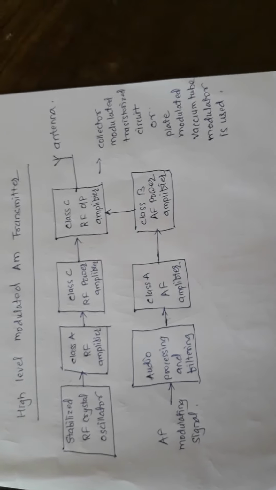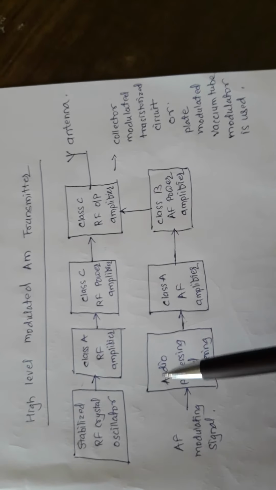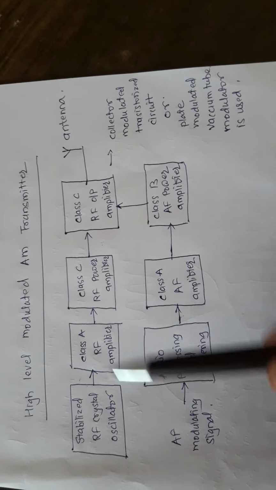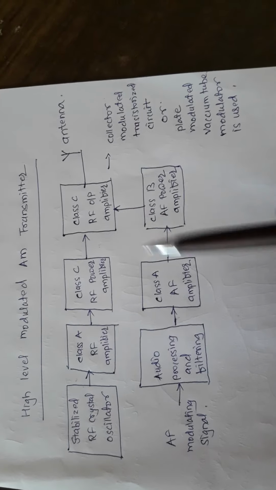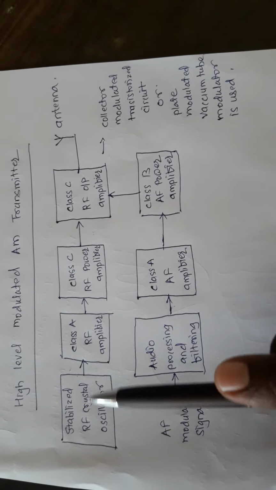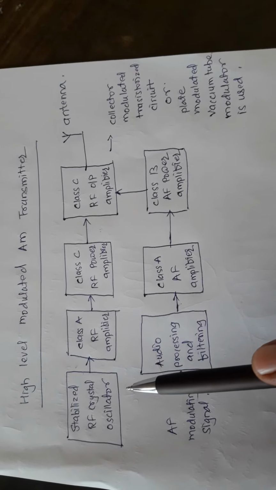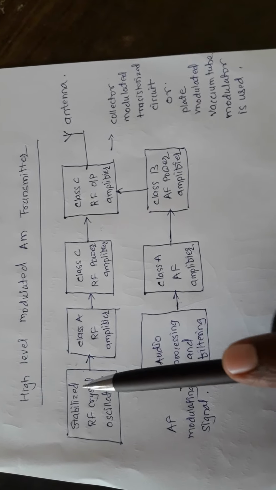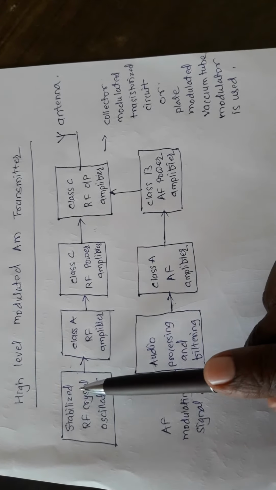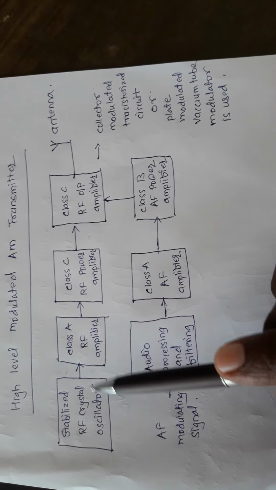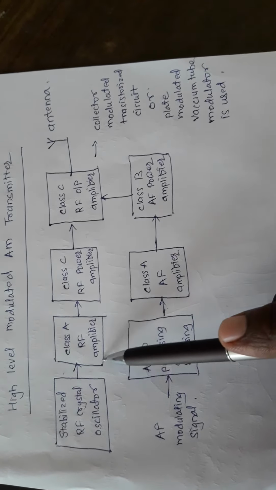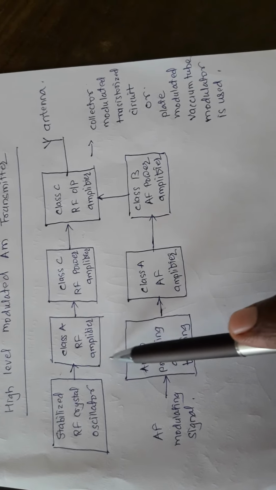I will once again repeat the operation of the high level modulated AM transmitter, and explain each block's function once again. The stabilized frequency carrier is generated by the stabilized RF crystal oscillator. Its output is of a stable frequency, which is called the carrier frequency.